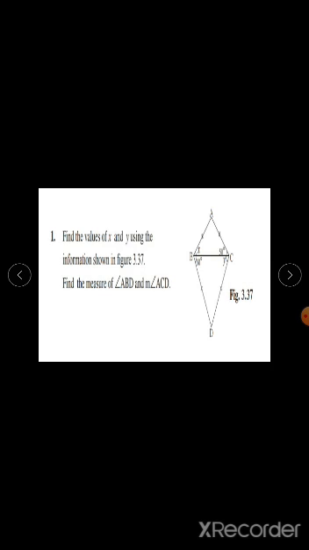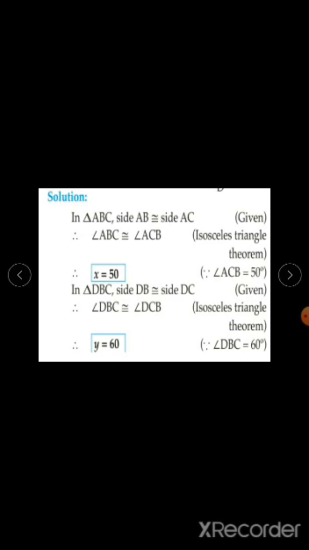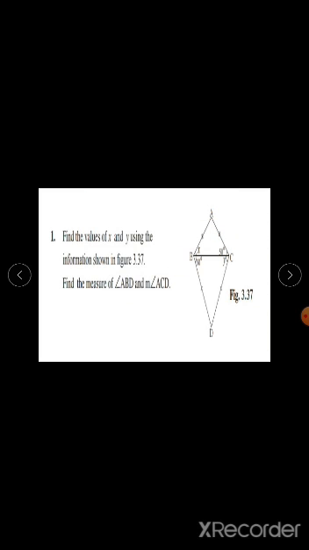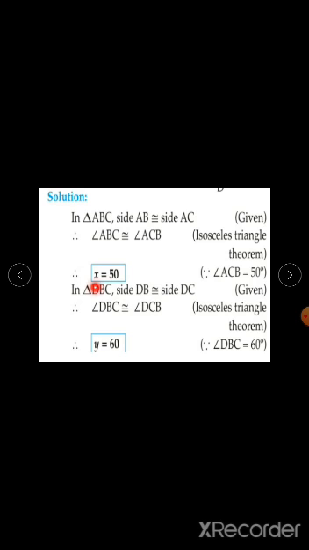Therefore, x equals 50, since angle ACB is 50 degrees. So x, which is angle ABC, is also 50 degrees.